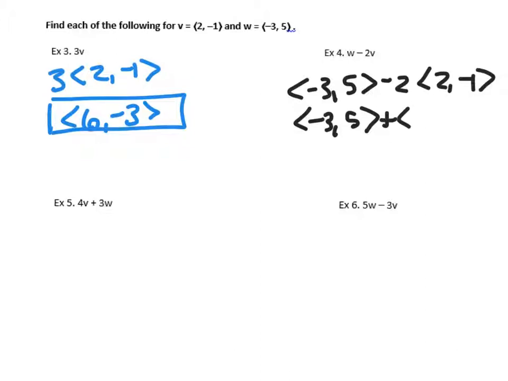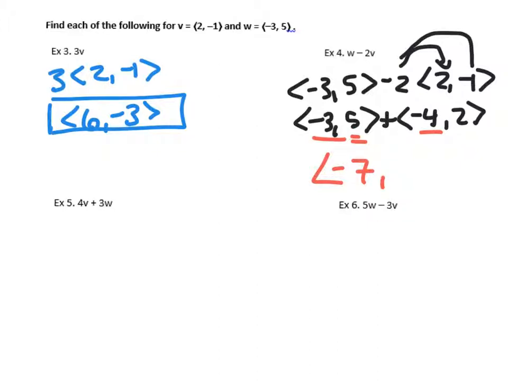I'm just going to say plus. If I distribute the -2 to this, that's -4. Distribute the -2 to this, that's +2. Or you can leave the negative here and just multiply by 2. I just find it easier to put a plus there and distribute the negatives so you don't mess them up. And then -3 plus -4 gives me -7. 5 plus 2 gives me +7.